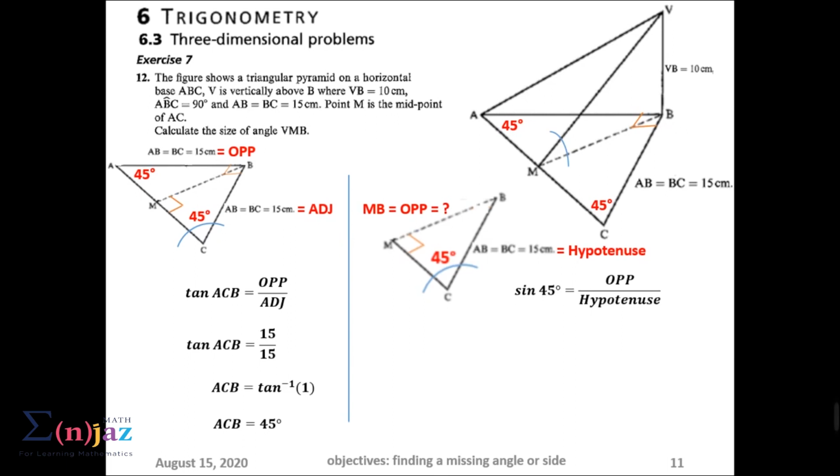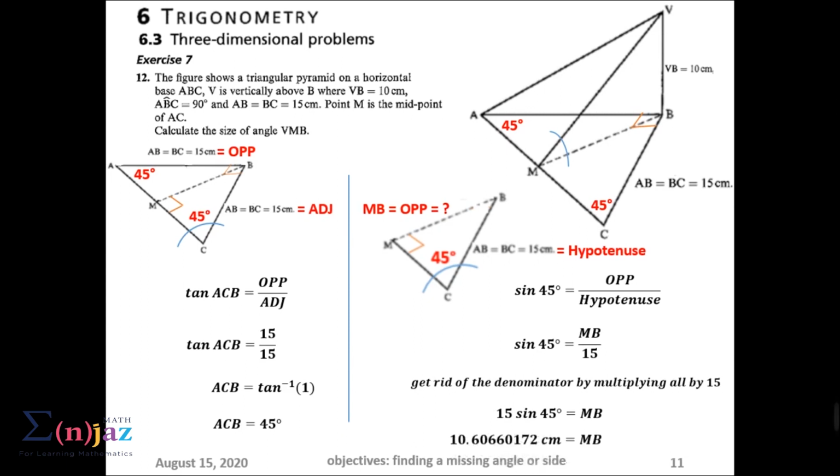Let's substitute in this formula. Sine of 45 degrees is equal to MB, which is the opposite side to the 45 degrees angle, over 15, which is the hypotenuse. Let's get rid of the denominator by multiplying all by 15. So MB is equal to 15 times sine 45.